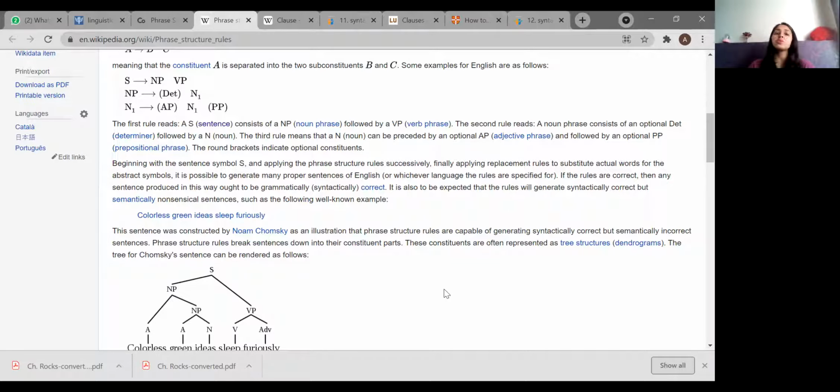The first rule reads S as a sentence, NP as noun phrase, VP as verb phrase. The second rule says AP as, not adverb, I'm sorry, adjective phrase. All right, remember DET is for determiners and only N is for a noun.